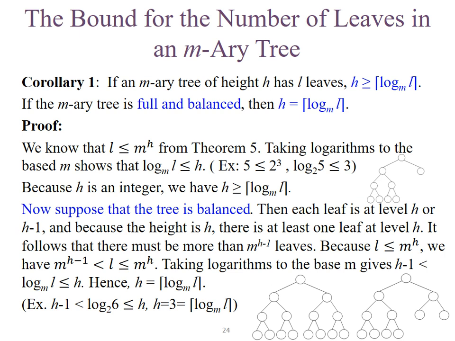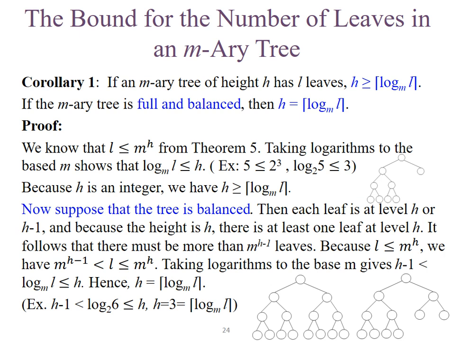But theoretically, we can say at least one at level h. And it follows that we should have more than the number of leaves for h minus 1. So this is our lower bound, right? If we have a tree with height h minus 1, then at most we will have this number of leaves. But now our height will be h, so it will be larger than this number. This will be our lower bound.